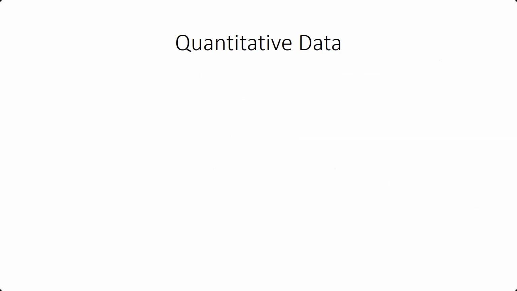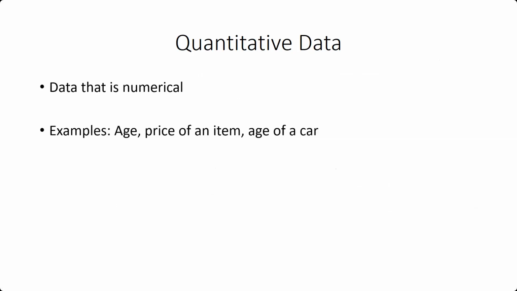The other type of data is quantitative data. Quantitative, quantity, it's a number. It has to be a number. Age, price of an item, age of a car, the number of pets that you own.